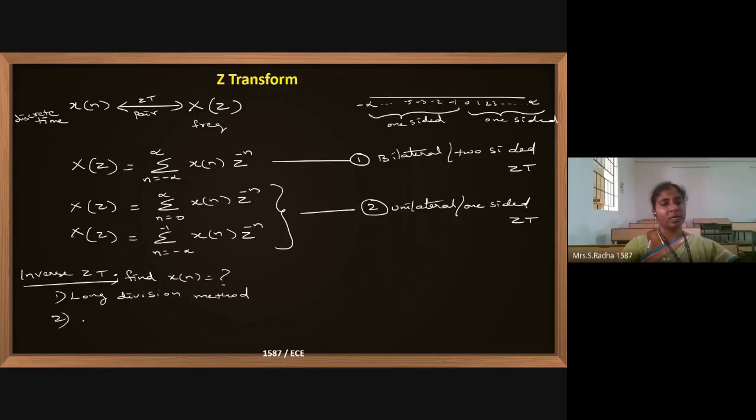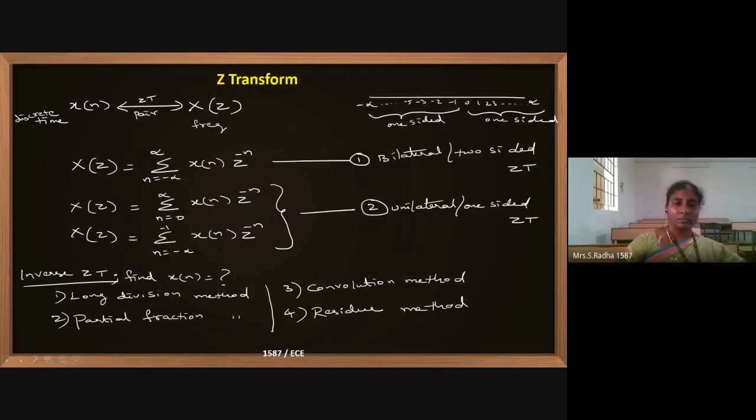Second one is partial fractions method. Third method is convolution method. Fourth method is residue method. We will see based on time only, and we will plan which method we will concentrate on in inverse Z transform.